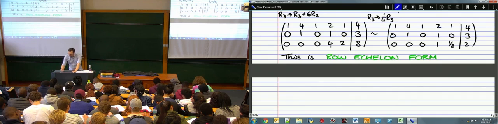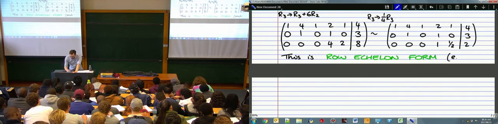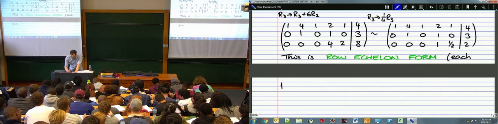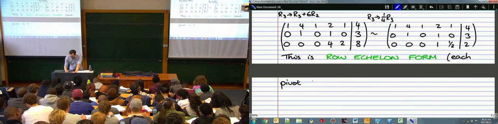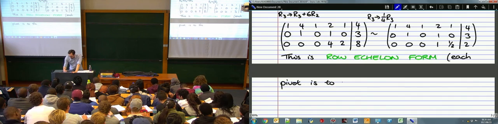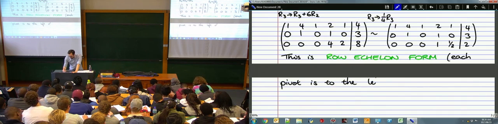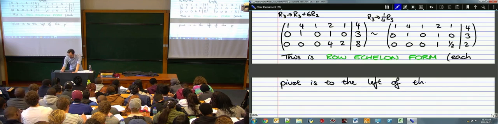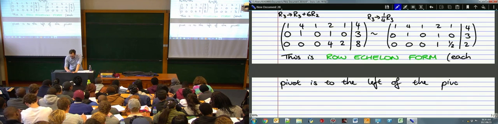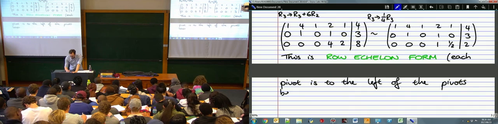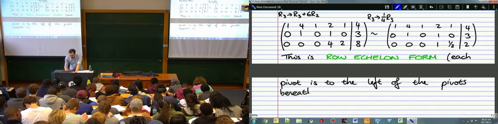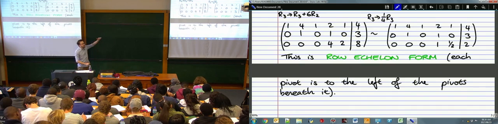So we're in row echelon form. Row echelon form means that each pivot is to the left of the pivots beneath it. Okay.